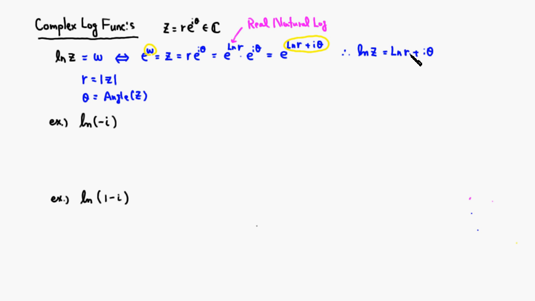So let's look at the following examples. Let's find the natural log of negative i. First let's find r. r is just the absolute value of negative i, which is the square root of negative 1 squared, so that's just 1. For the angle, we can draw a picture. Let's draw the complex plane. Here is x, and here is y.